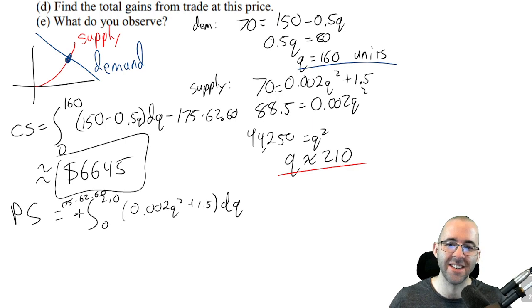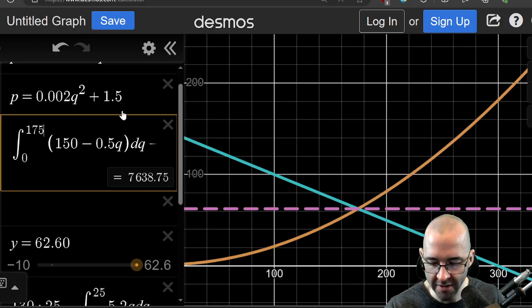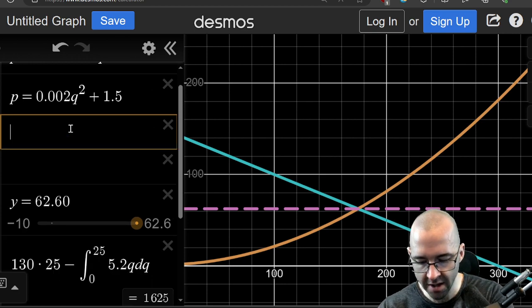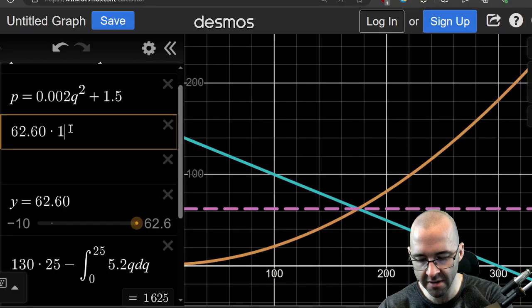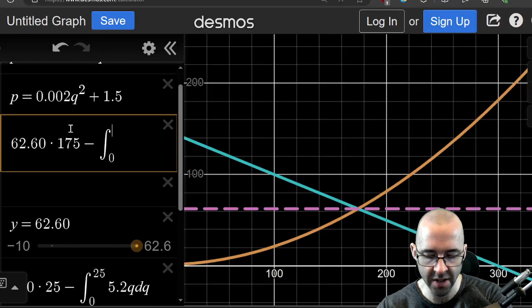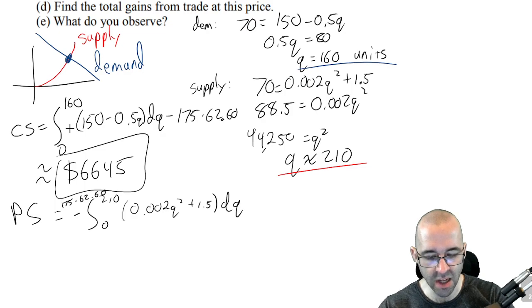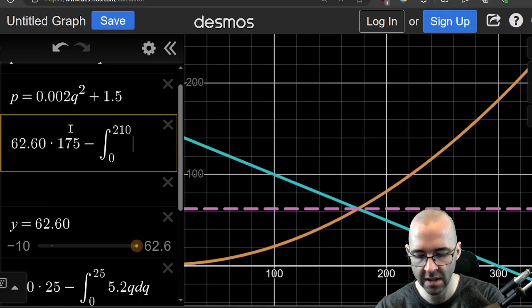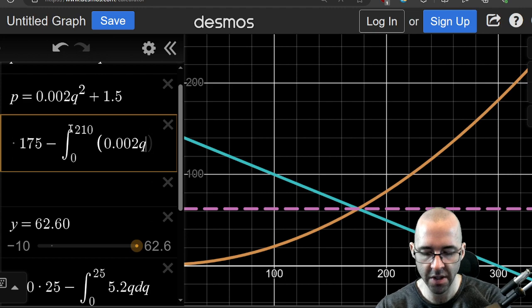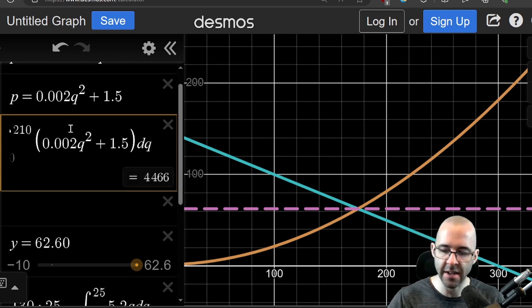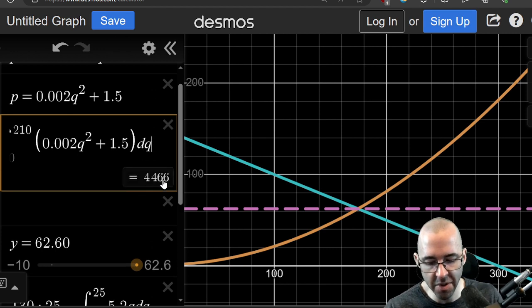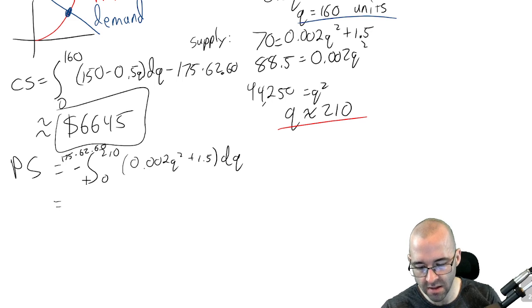Forgot to subtract. Remember they have opposite orders. So P star Q star, 62.60 times 175, minus the integral from 0 to our new quantity for suppliers, which is 210, of 0.002Q squared plus 1.5, was it? Yep. And the producer surplus here is 4466.